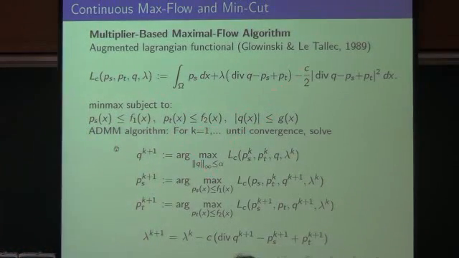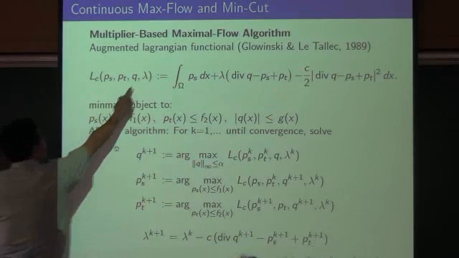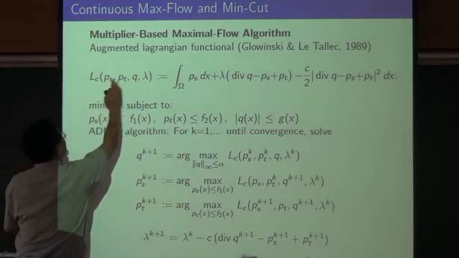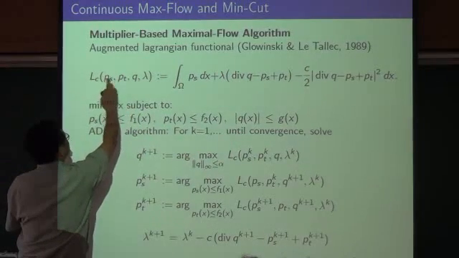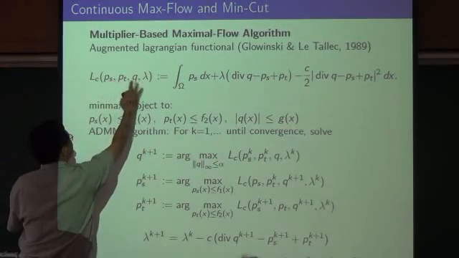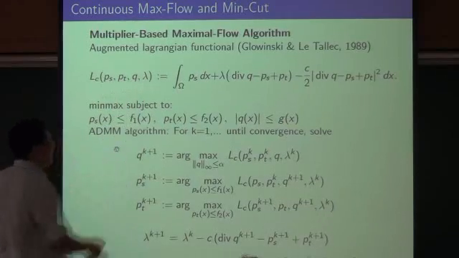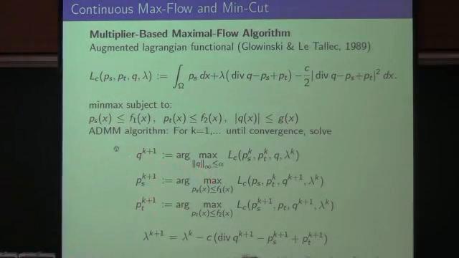You put those in, and then we just use alternating minimization methods. Fix the Lagrangian multiplier and minimize with respect to one variable with the others fixed, then minimize with respect to the next variable with everything else fixed. Each minimization is very easy to solve. You have convex constraints; this is linear, this is linear, this is quadratic.